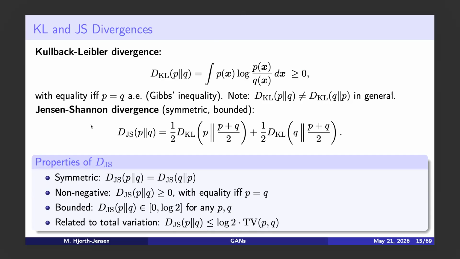This is what is implemented in that Jupyter notebook, and this is the quantity you would typically optimize. It's symmetric and non-negative. You can show that it's bounded between 0 and log 2 for any P and Q, and it's also related to the total variation.